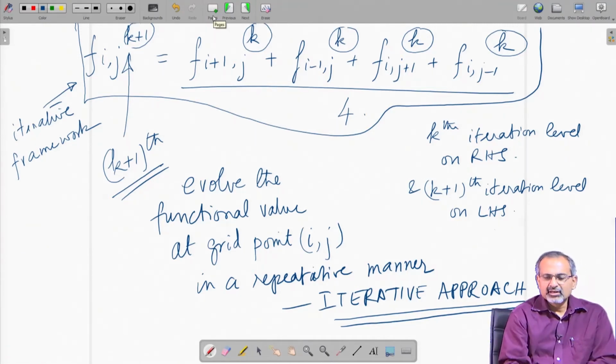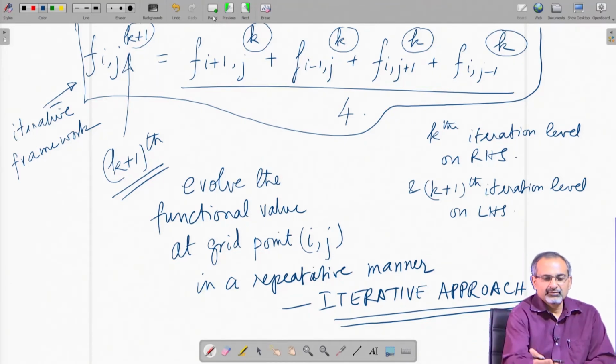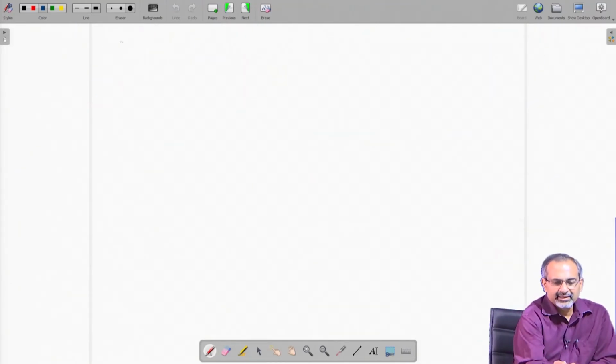Now, as you can understand, to start this calculation you need to begin somewhere. That means this kth iteration level values, which we are indicating on the right hand side of this equation, have to come from somewhere. Where will it come from when you start the whole process of iteration? For doing that, we say we need an initial guess.